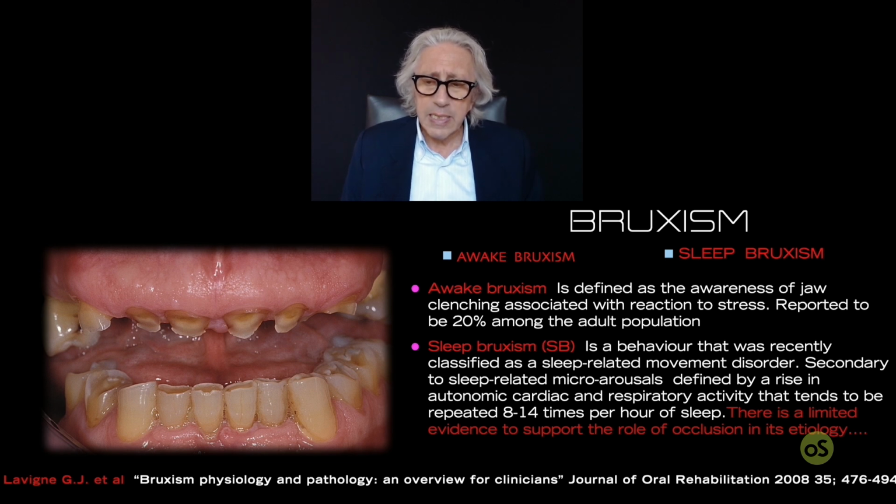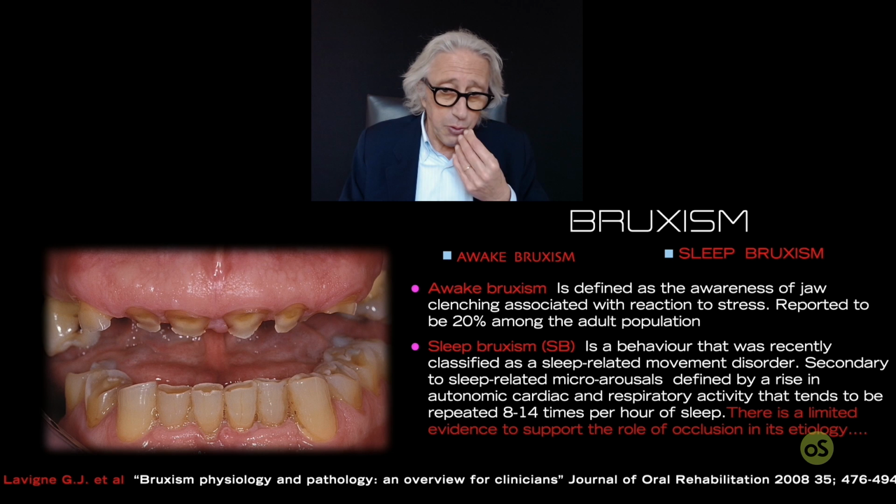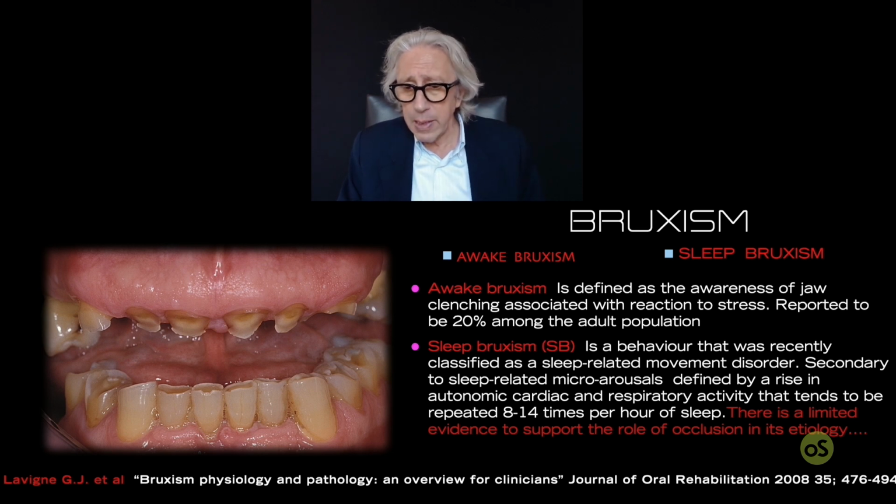So there is just limited evidence to support the role of occlusion in its etiology. So again, if you are a prosthodontist or a general practitioner, you would like the chance to say, I can find a way to fix the problem if the occlusion plays a role.